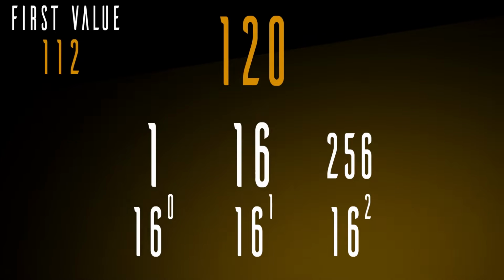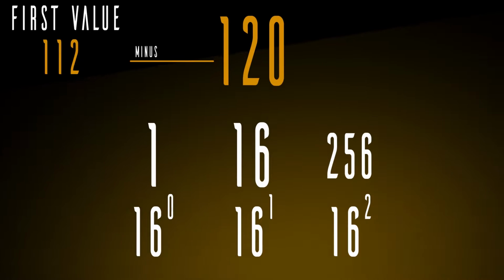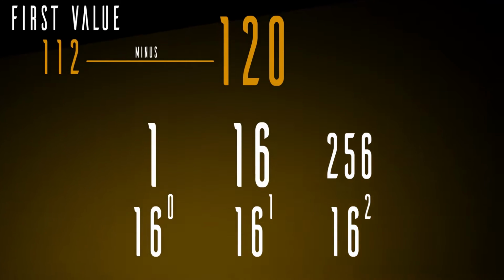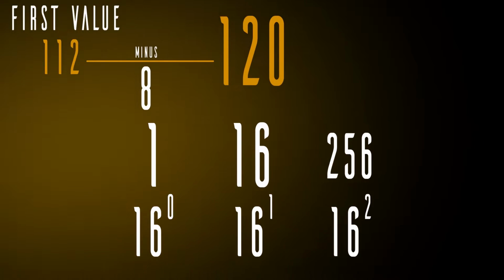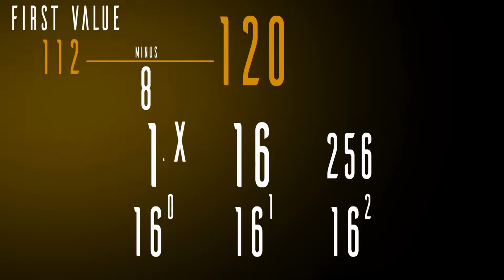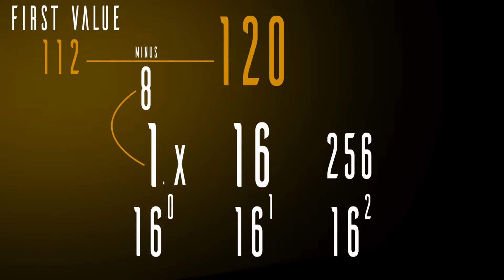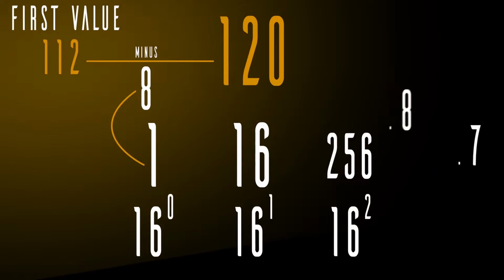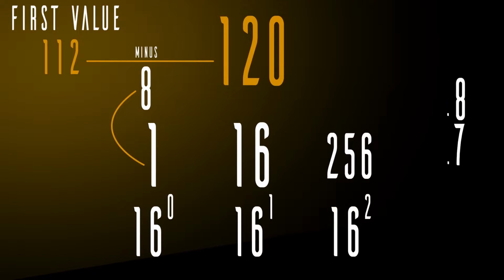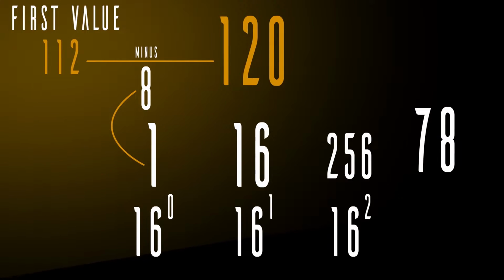In our case, we would do 120 minus 112, having as a result the value 8. Now we're going to do these two steps again, in which we are going to find out which number multiplied by 1 returns us 8. In this case, it would be 8. Finally, we found out that 120 in the hexadecimal system is represented by 78.